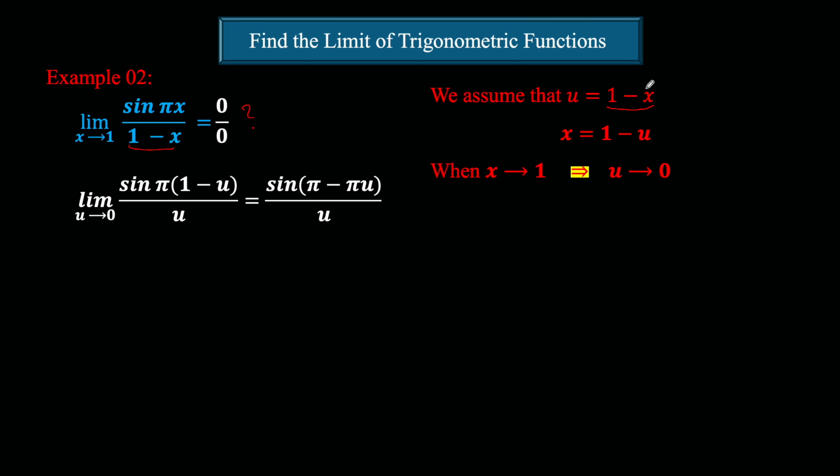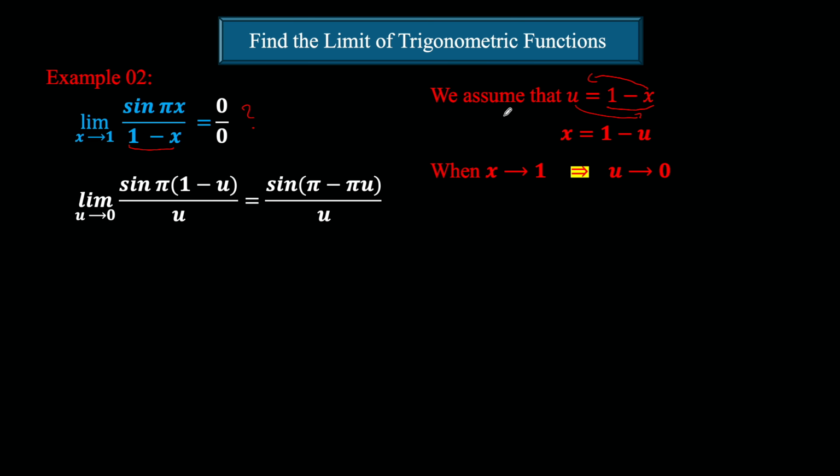Then we will take x to this side and u to the other side. So from minus x, it will become positive x plus x. So x is equal to 1 minus u, okay? U becomes negative because we take it to the other side. Then when x approaches 1, this leads u to approach 0.